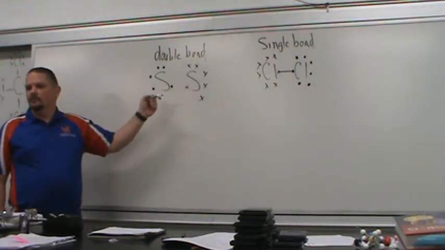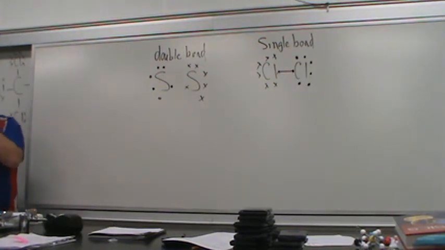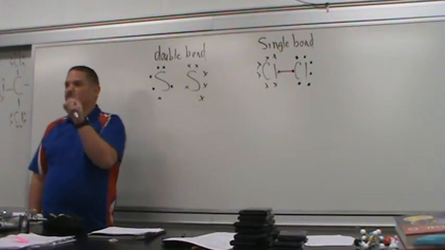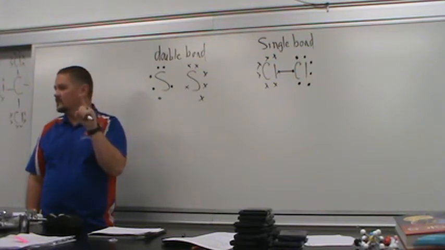Okay, so how many unpaired electrons does the sulfur atom have? 2. Okay, and we need to reach 2 more, right? So let's first make a single bond. We're going to share 1 set of unpaired electrons between the 2.